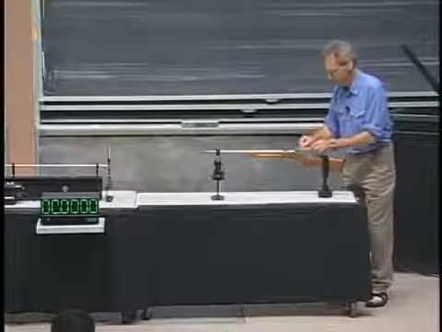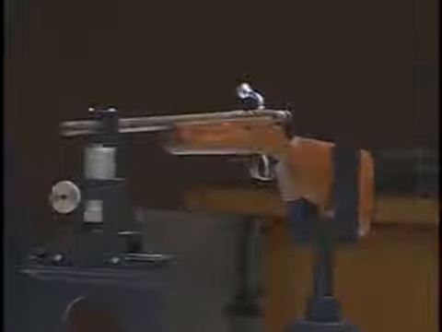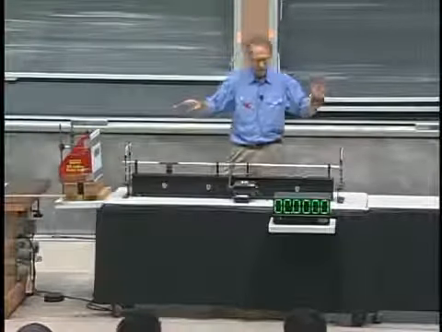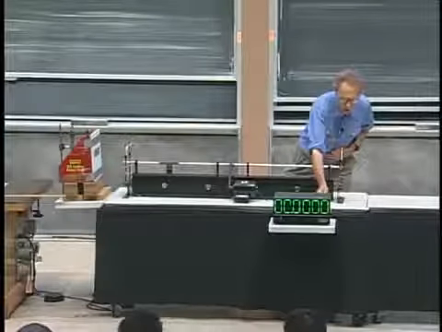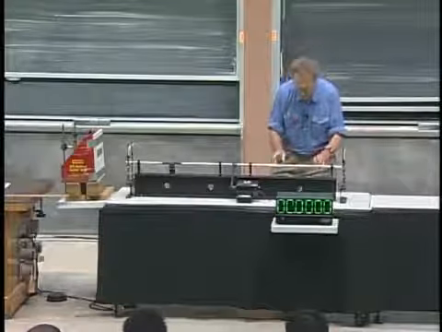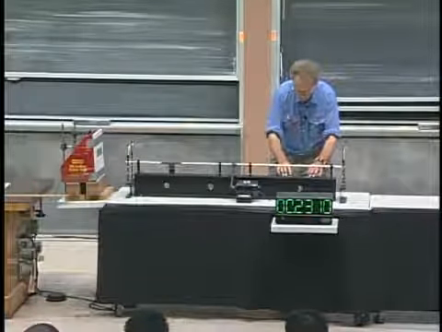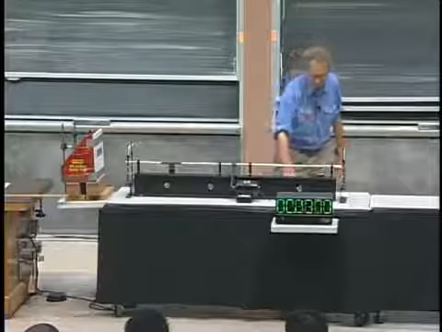There we go. It's in place. Before I do that, I want to check the circuit. I want to make sure that the electronic circuit is properly working. You see the timing here, right? So I do a small test just to see whether the circuit is working. Yeah. Should be working. So here comes the bullet.